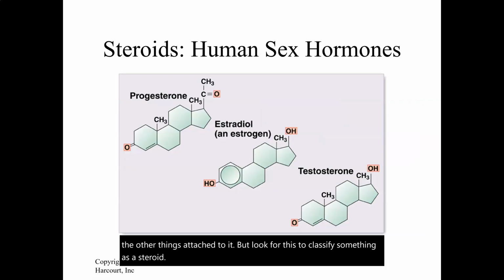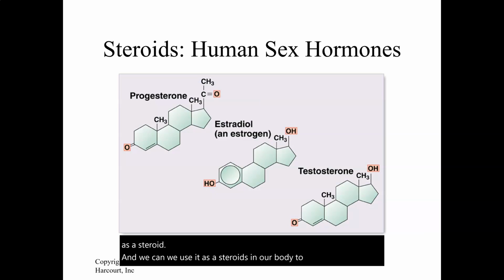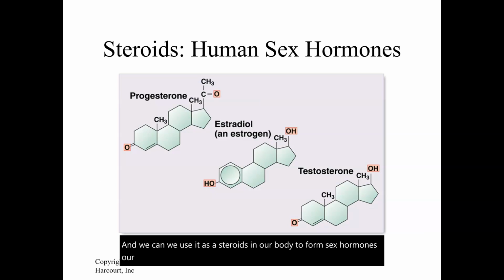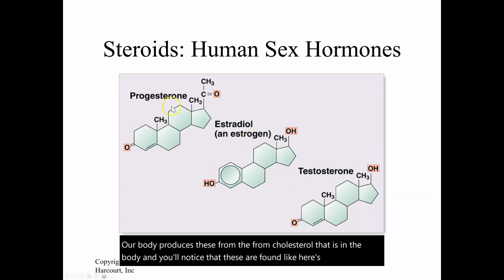And we use steroids in our body to form sex hormones. Our body produces these from cholesterol that is in the body. And you'll notice that these are found, like here's an estrogen, progesterone. These are found in higher percentage in a female body.